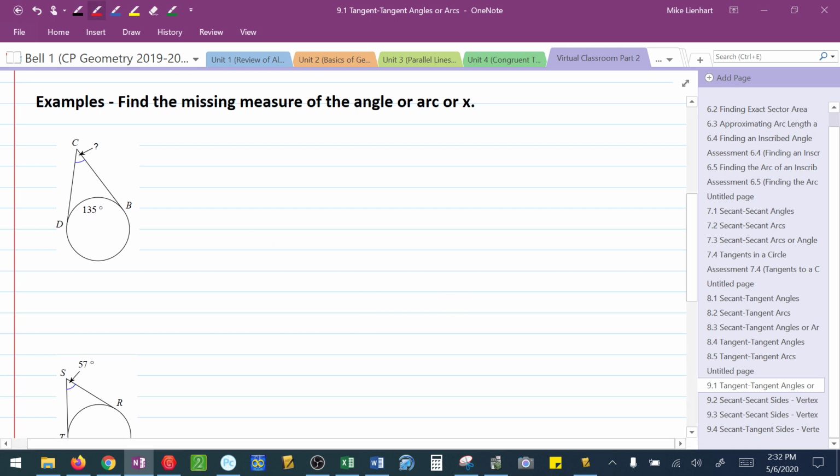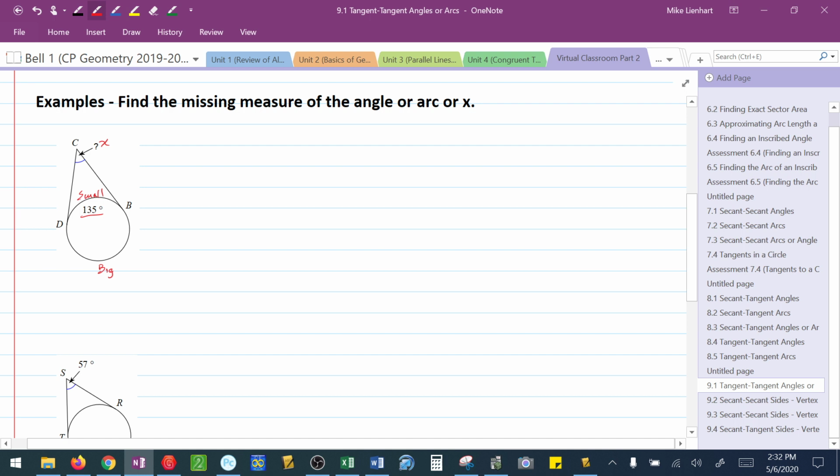I'm going to call this angle that we're missing, the question mark, I'm going to call it X. Now when I look at this, I notice it's a tangent scenario. I'm going to call this big and this small. Now, we know that the small is 135 degrees.